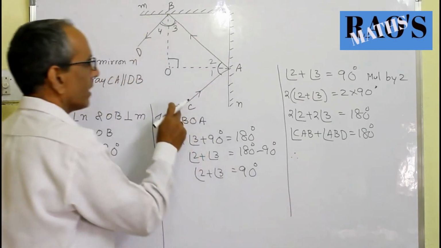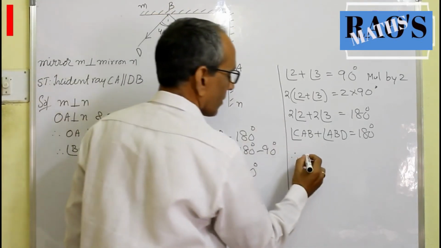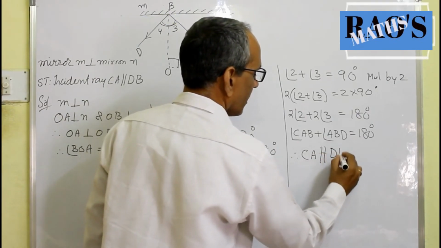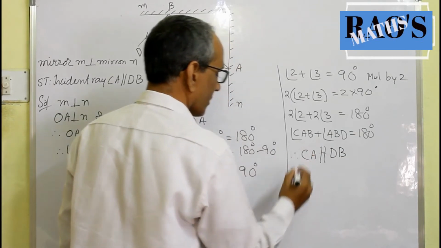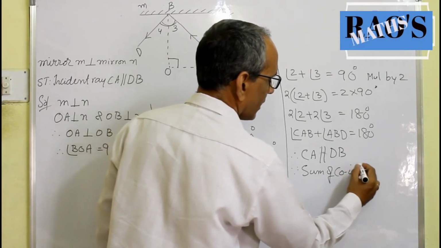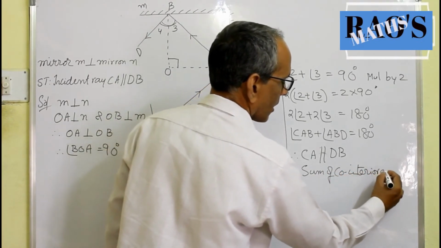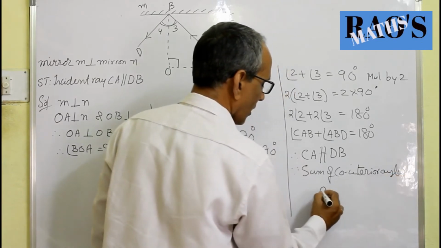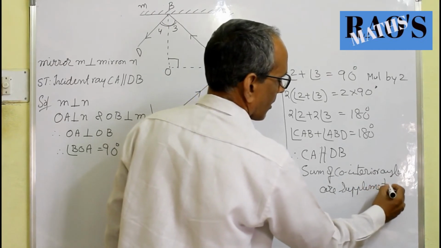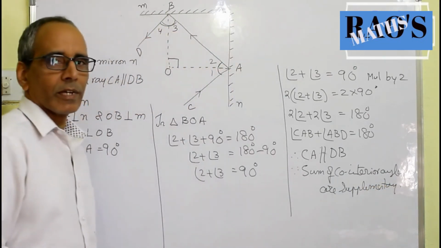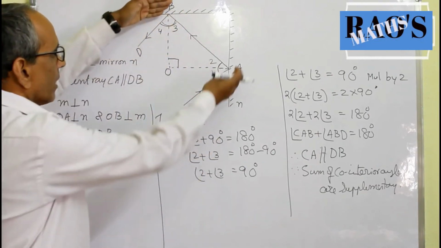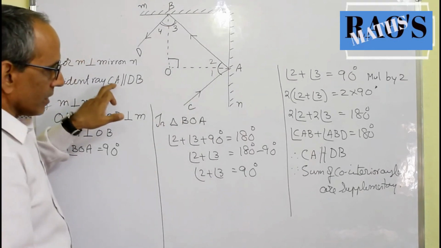Therefore, I declare CA is parallel to DB, since the sum of co-interior angles is supplementary. Supplementary means we know that the sum is 180 degrees. Since the sum of these two angles is supplementary, we say these two lines are parallel, that is CA and DB. Okay?